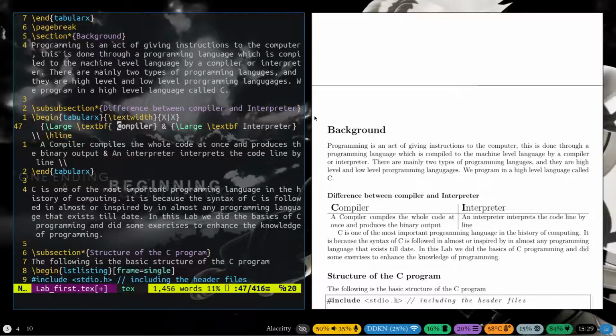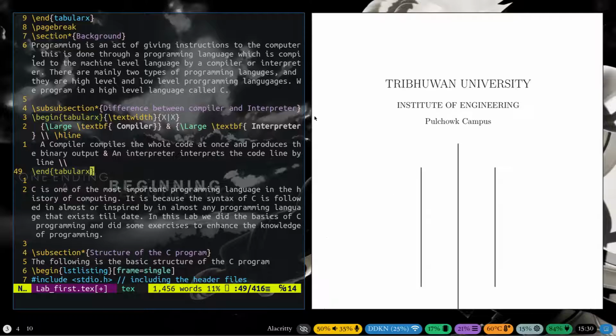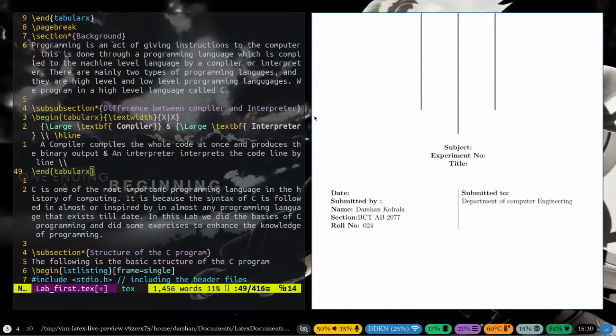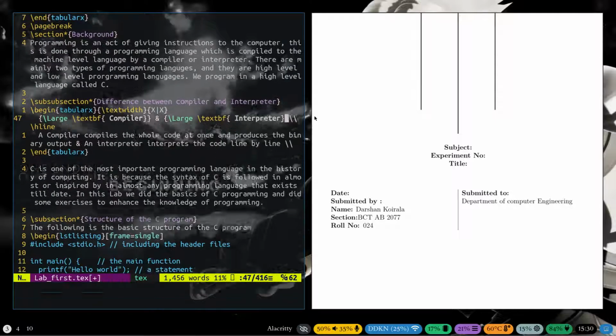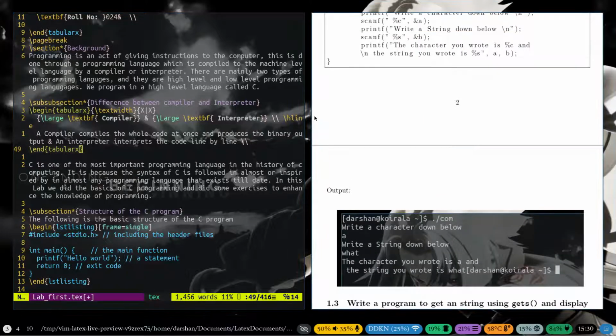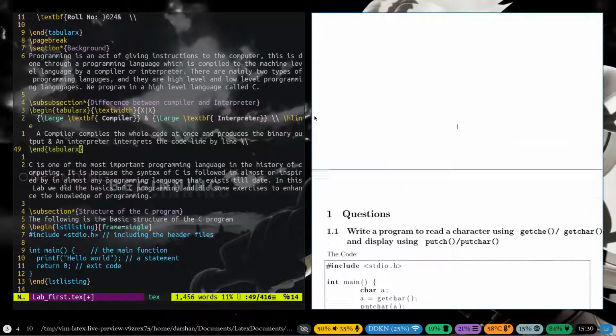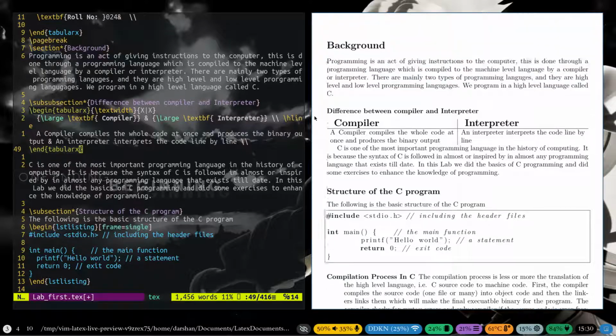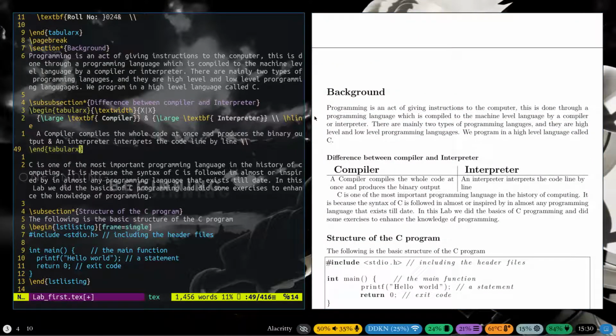Okay, I think I needed this here. Oh, what happened? The interpreter interprets the code line by line, while the compiler produces the binary output.